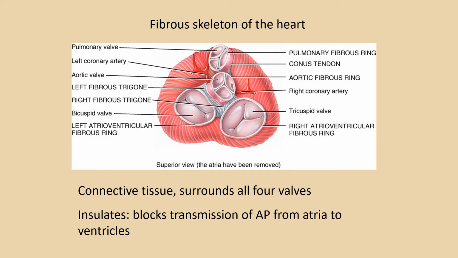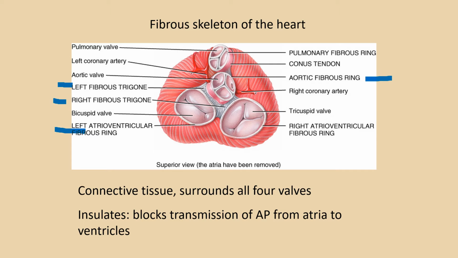So here we've taken a heart and we've made a transverse section to separate the two atria from the two ventricles. And now we're taking a top-down view. We're looking at all four valves. And also in that picture are the two ventricles. So we see lots of anatomical structures with the word fibrous in them.